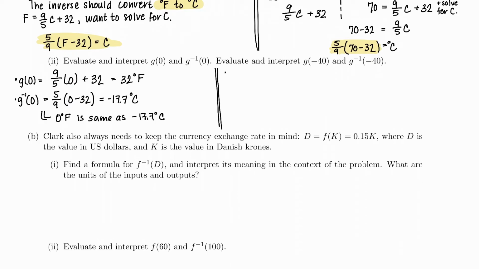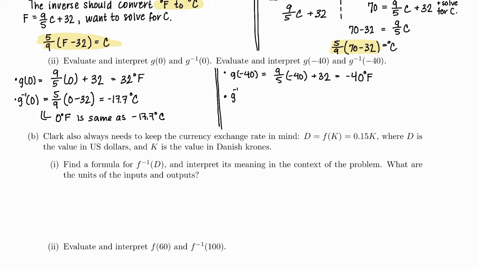Okay, and finally G of negative 40. That's going to be 9 over 5 times negative 40 plus 32. And again, we'll put that in the calculator. So 9 over 5 times negative 40 plus 32, which gives me negative 40 degrees Fahrenheit.